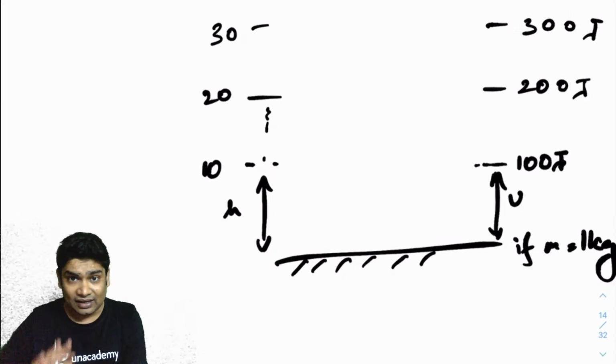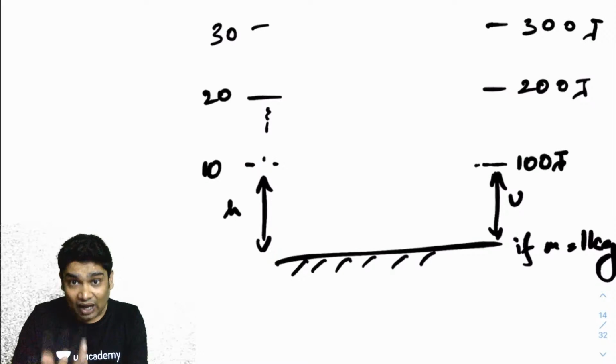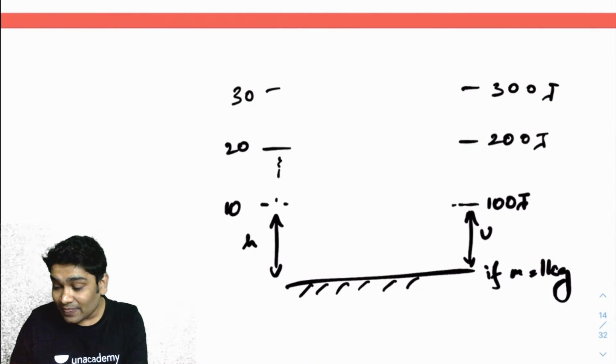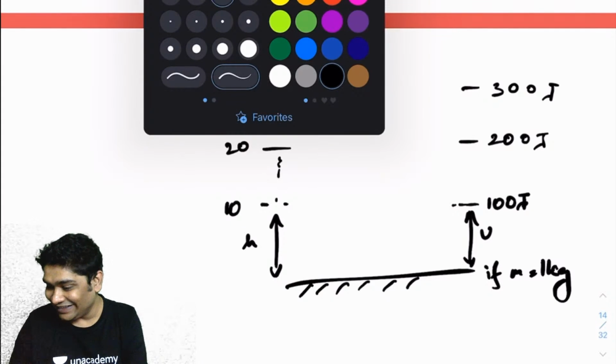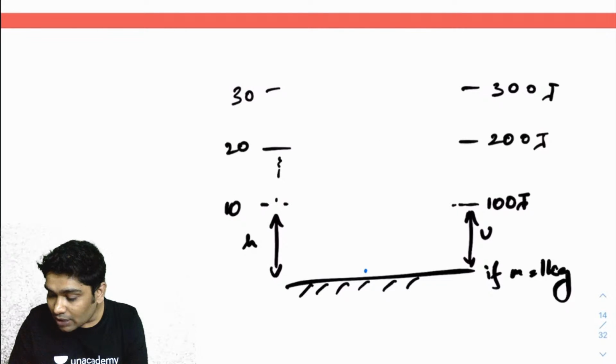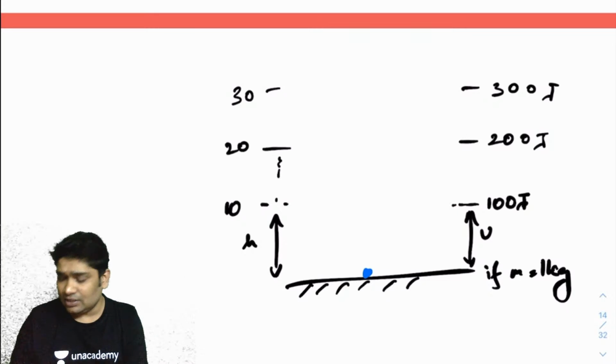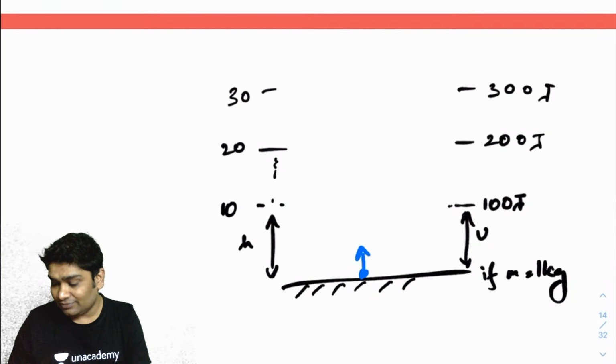Now if you project something with a speed of, let's say, 10 meter per second, or less than that, let's have it less than that. So imagine you projected something with 5 meter per second.